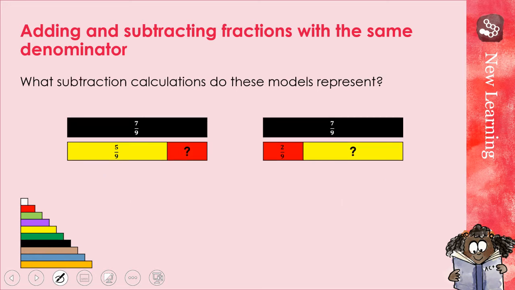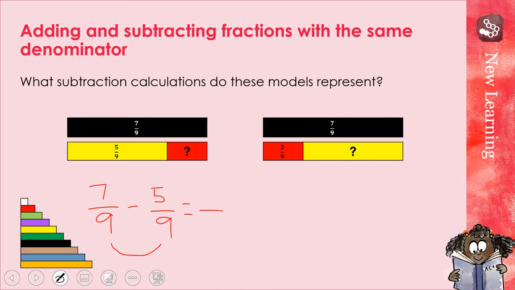Fortunately, when subtracting fractions where the denominator is the same, it is just as simple. I can see I have a whole bar which is worth 7/9, and I can see that this yellow bar is worth 5/9. What do I have to do to find that red area? Well done if you're able to identify that what I'm doing is subtracting the 5/9 from the 7/9. 7/9 subtract 5/9 is equal to, well, fortunately, I can see my denominators are the same.